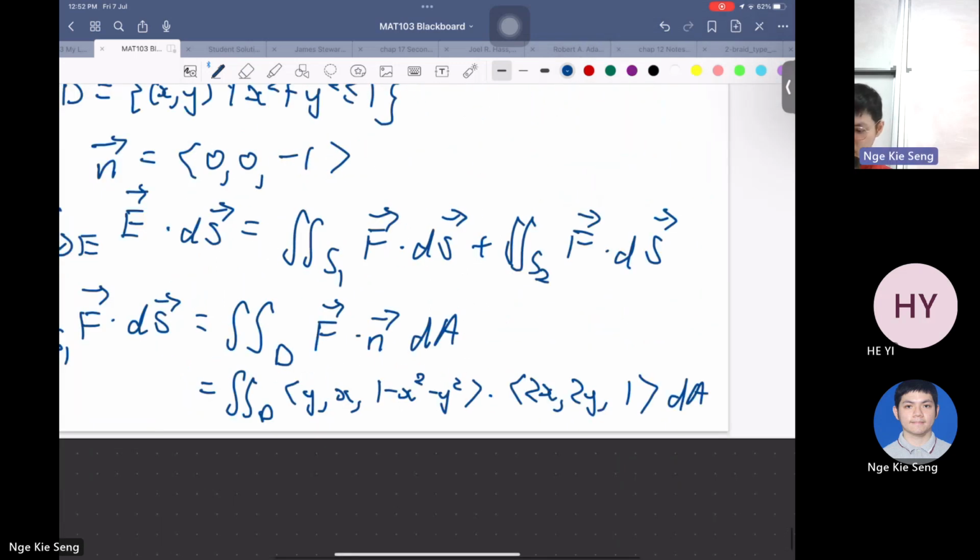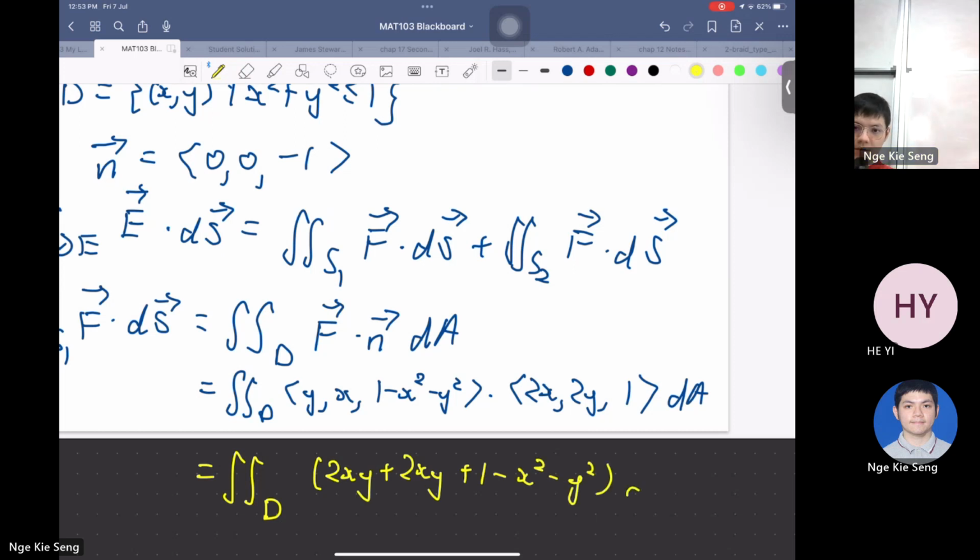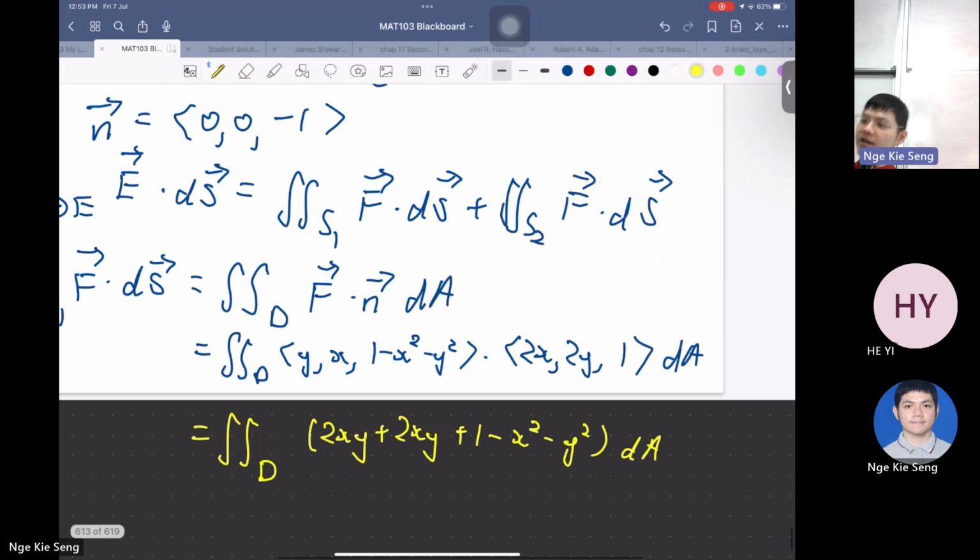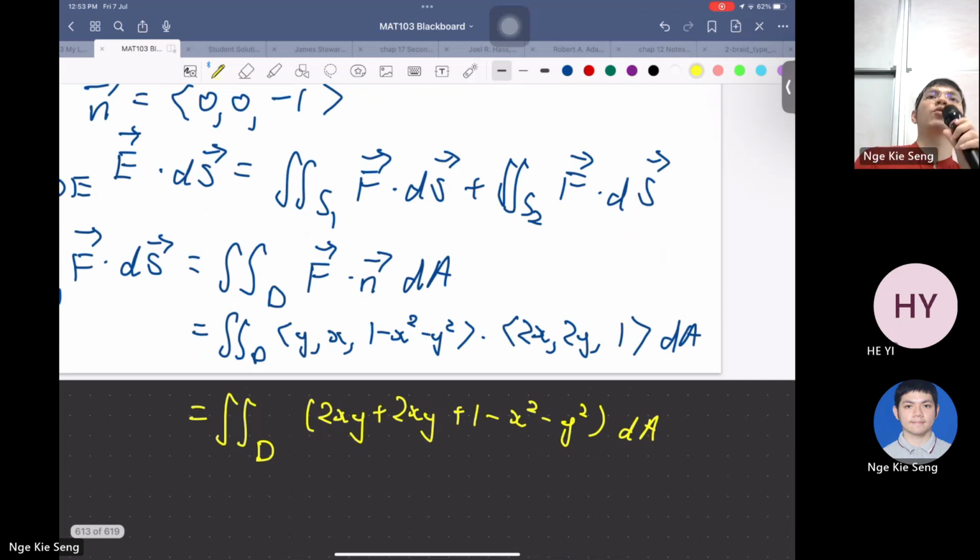We need to take the inner product, or the dot product. The dot product here gives 2xy + 2xy + 1 - x² - y². Remember that our domain here is a disk, so it is better to use polar coordinates.